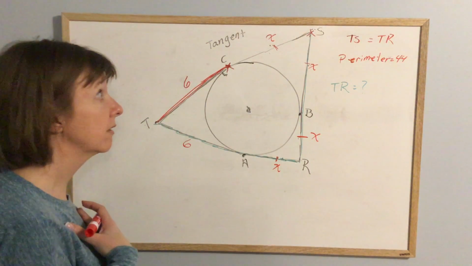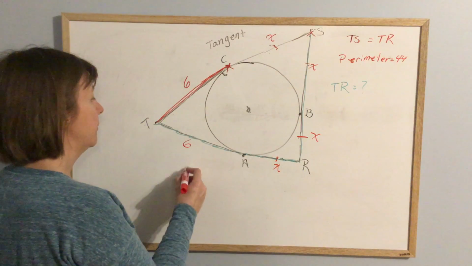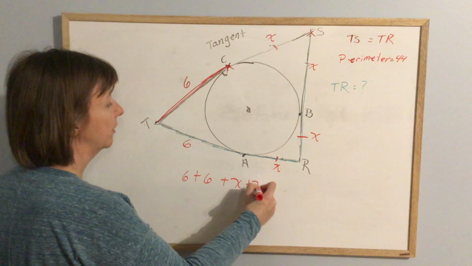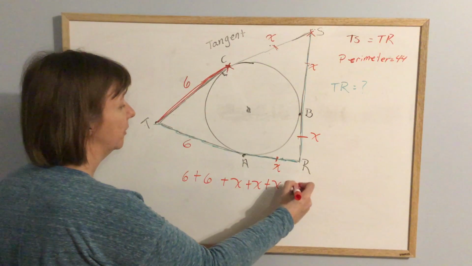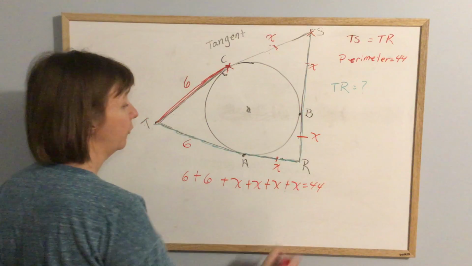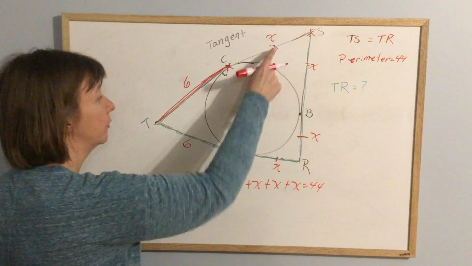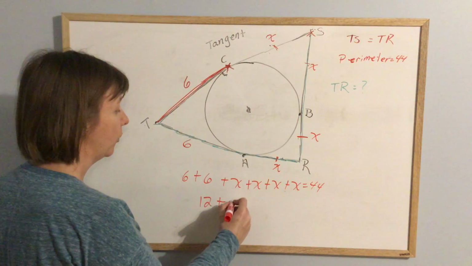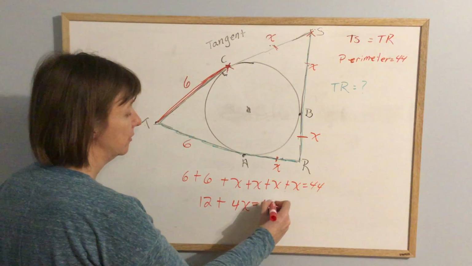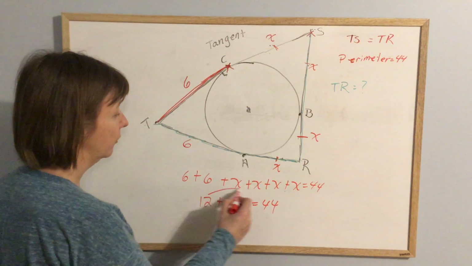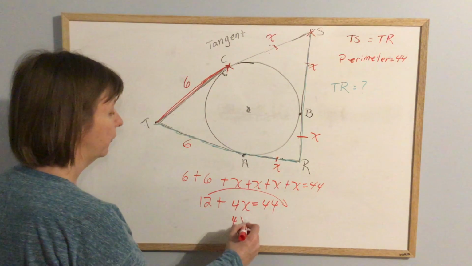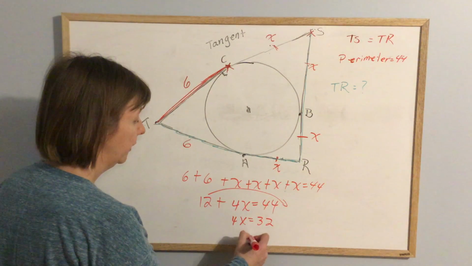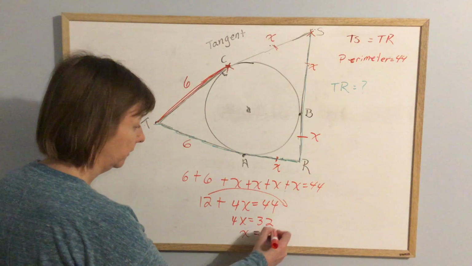So if I were doing this, I would say that my perimeter is 6 plus 6 plus X plus X plus X plus X is 44. 1, 2, 3, 4 X's. So 6 plus 6 is 12, and that's 4 X's is equal to 44. So if we move this over here, 4X is 44, take away 12, which would be 32, and so X would be 8.